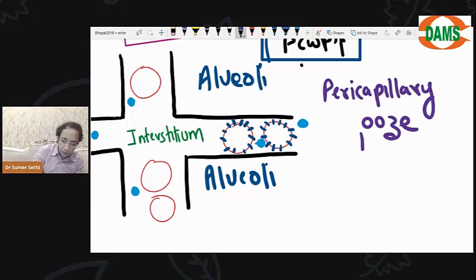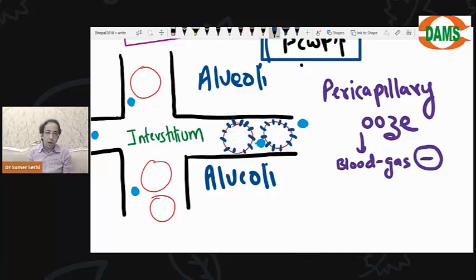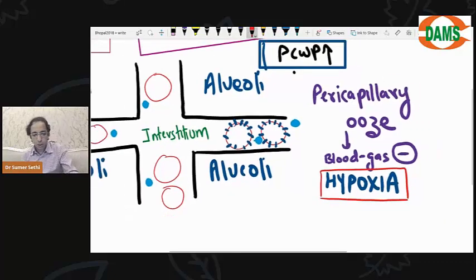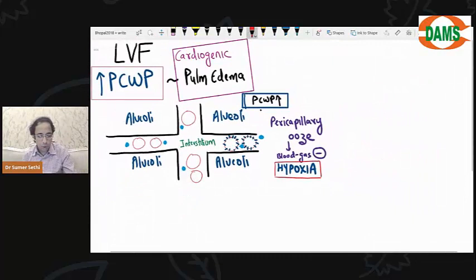Blood gas exchange will not happen. Because of the edema around the capillaries, the blood in the lung starts to develop hypoxia. Are you clear with this or not?